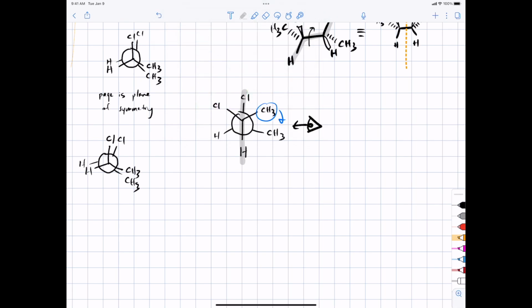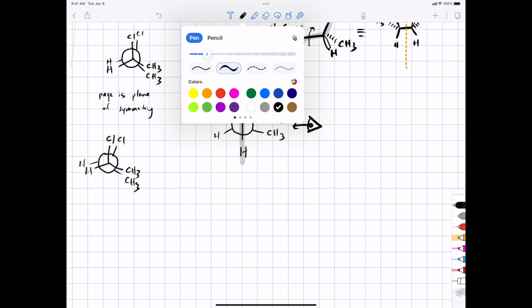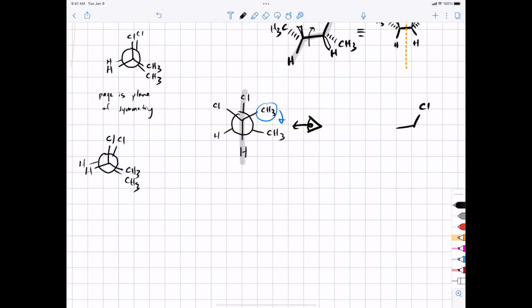Oh, shoot. Okay, on the carbon in the back, which is on my right-hand side, the methyl group's coming out at me and the hydrogen's towards the bottom. On the carbon that's in the front on the Newman projection, or on my left-hand side, I've got the methyl group coming out and the chloro going back away.